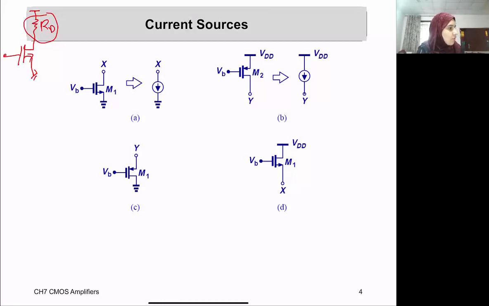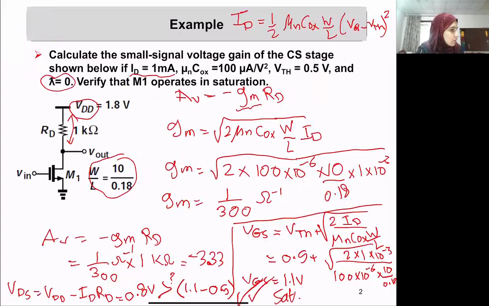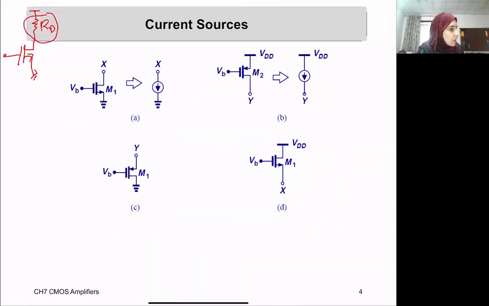What does this mean? If I replace this RD with a transistor, like this one that is given here, so just from point Y here, the upper part will be the same as what we have here.